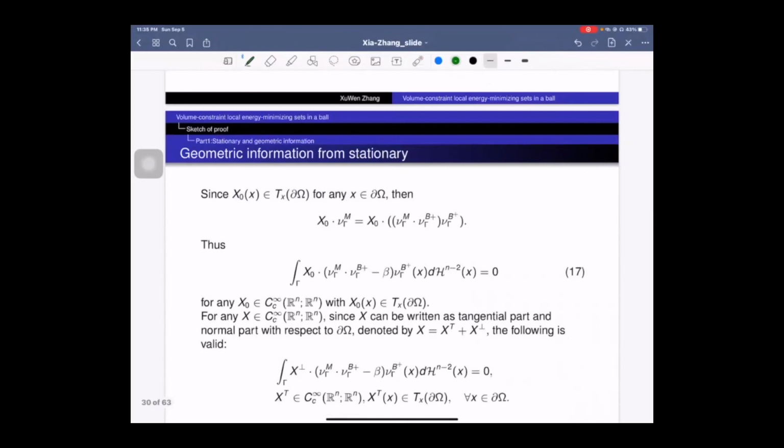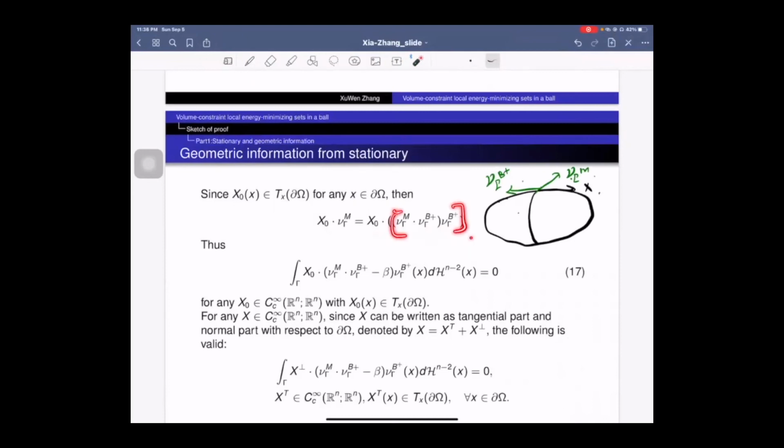Now this is a small observation: the integration of x0 dot with nu gamma m is this.